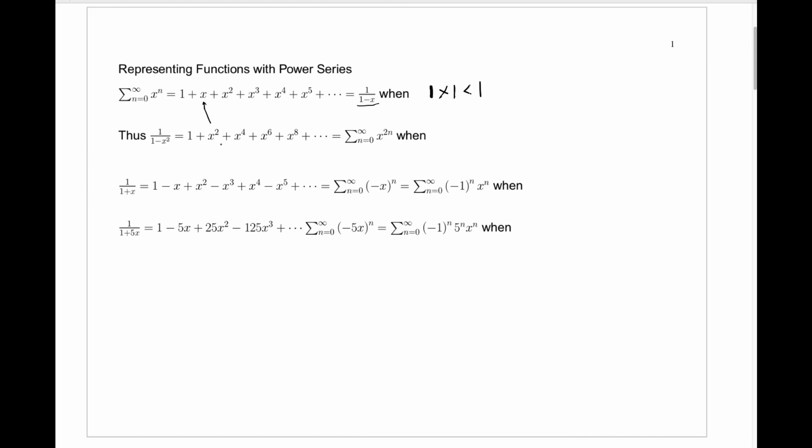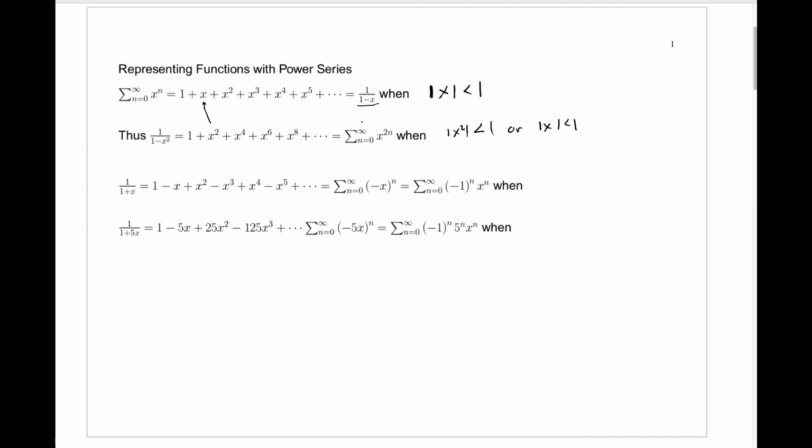Now, when is that valid? Certainly not for all values of x. It's valid when the absolute value of x squared, because we're using x squared instead of x, is less than 1. But it's easy to see that if x is any number strictly between -1 and 1, then its square will have absolute value less than 1. In fact, these two are equivalent, so we could just normally write this as the absolute value of x is less than 1.